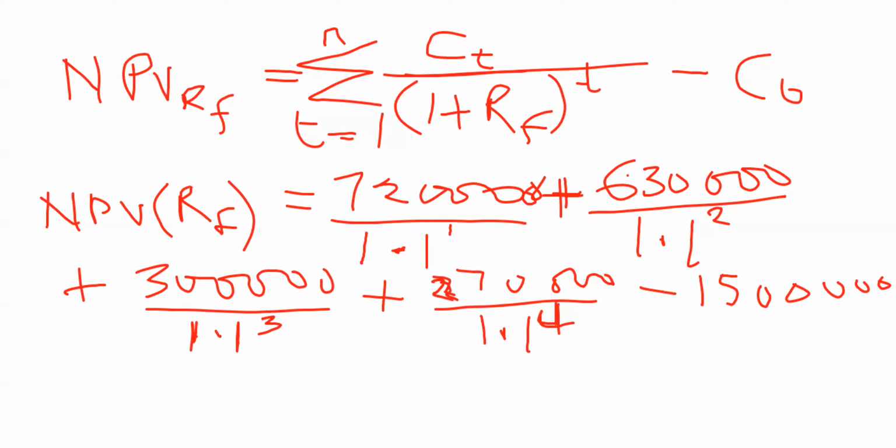So as usual now, you press your calculator: 720,000 over 1.1 plus 630,000 over 1.1 raised to power 2 plus 300,000 over 1.1 raised to the power of 3 plus 270,000 over 1.1 raised to the power 4, minus our value there. So we can find out what it is.